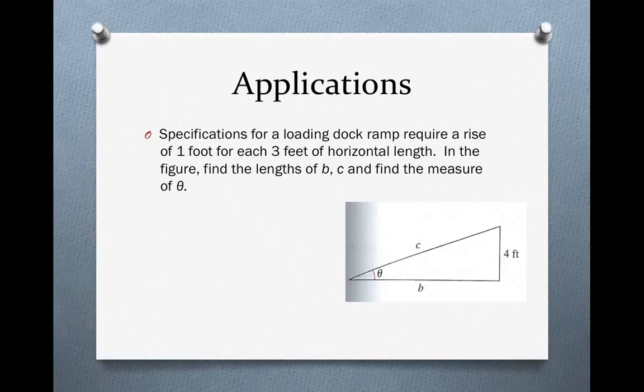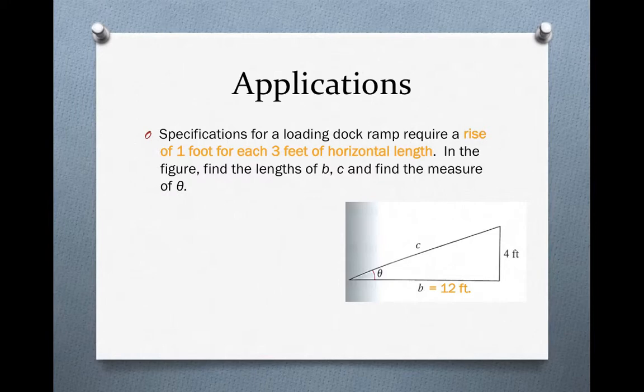So we can see that the height of our ramp here ended up being 4 feet high. That means finding B is going to be relatively easy because we're going to use this information that a rise of 1 foot has to happen for each 3 feet of horizontal length. So if this is 4 feet high, and 4 times 3 would give us 12 feet of horizontal length.